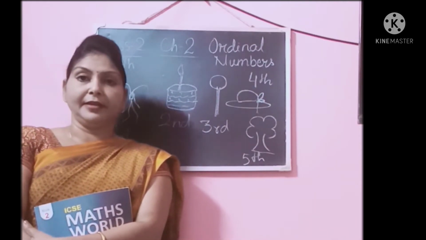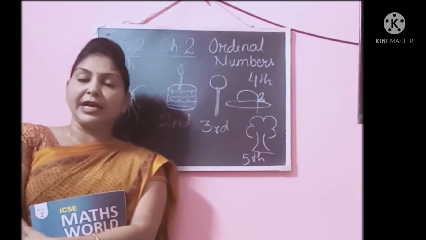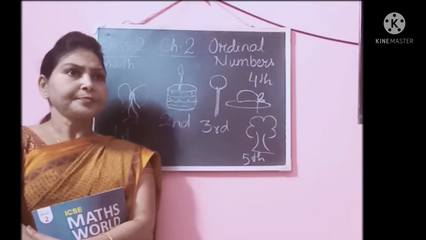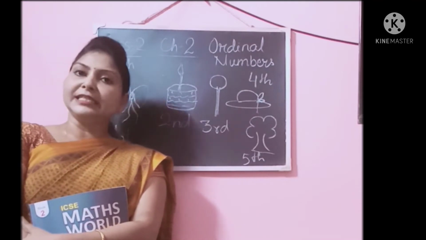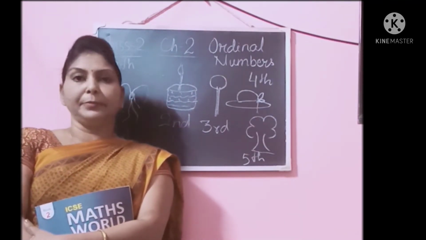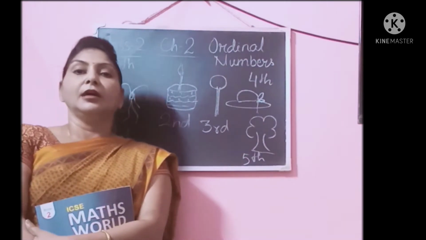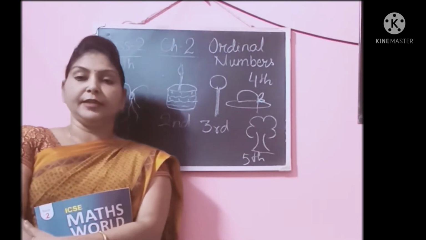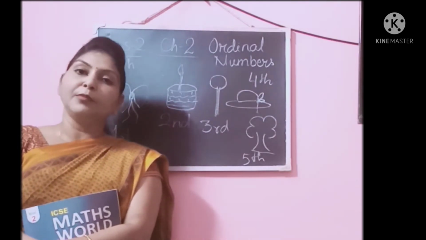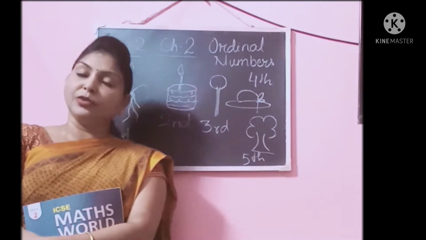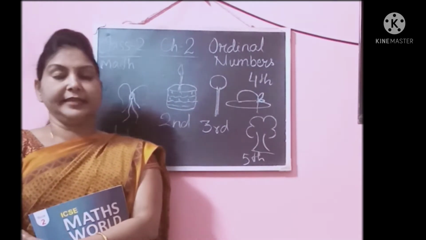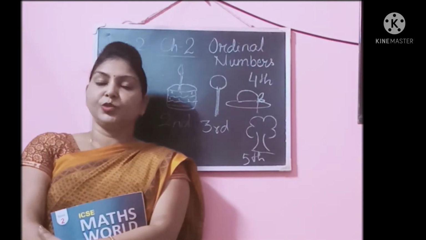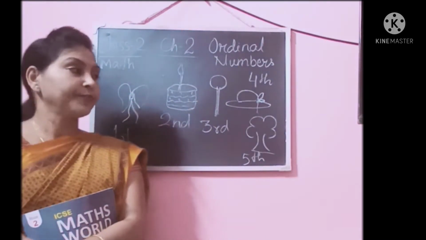Likewise, after completing the whole year, we have a final exam, and we see who has stood first in the class, then second, then third. The rankings are given to each child. So when we assign a position to any object or number, we call it ordinal numbers.